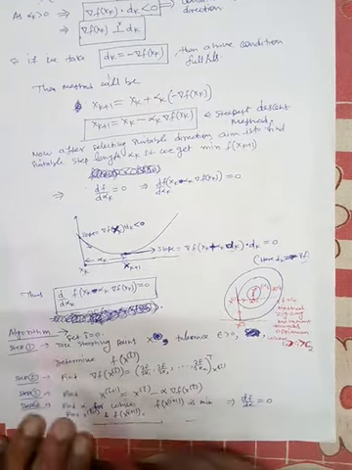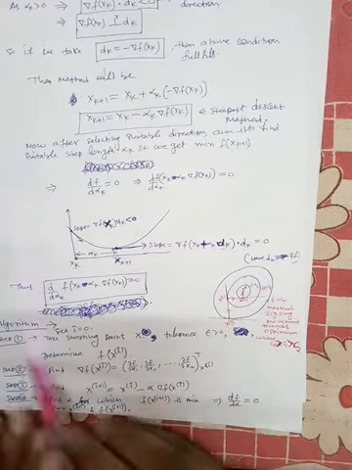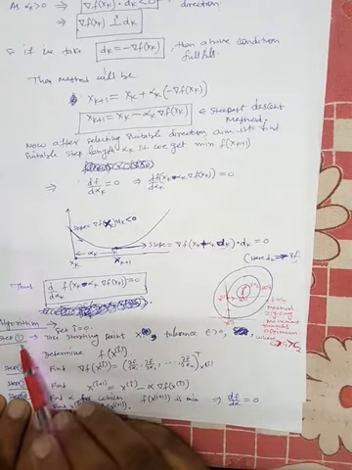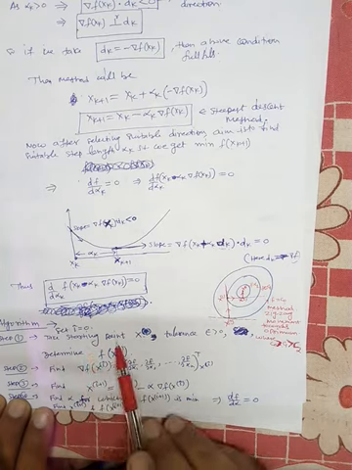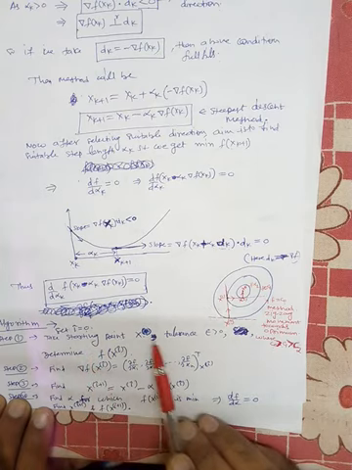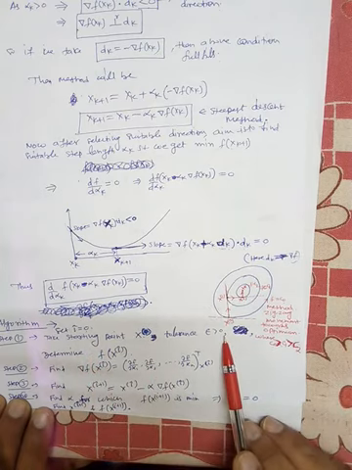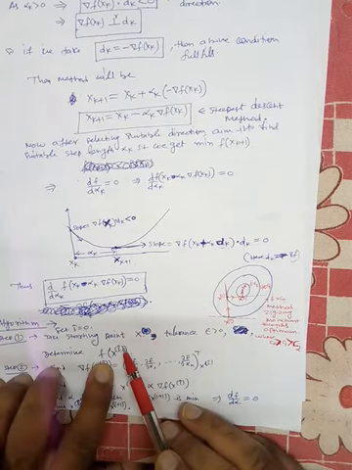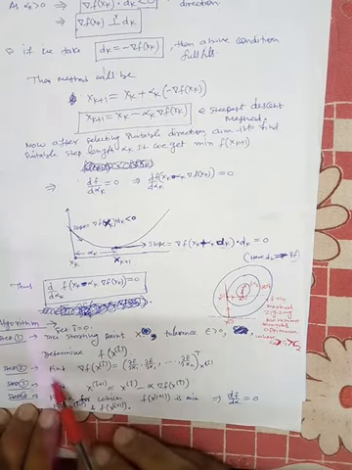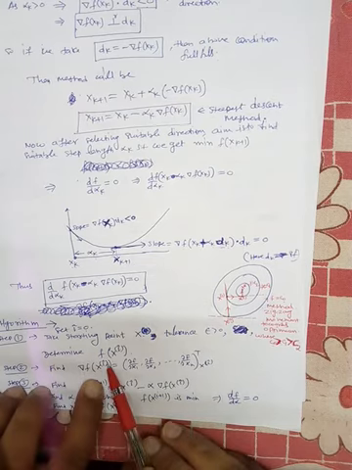Okay, so now the algorithm. What is the algorithm? Step number 1: set i is equal to 0, take the starting point xi and tolerance epsilon greater than 0, and determine f at this point xi. Step number 2: find gradient f at xi.